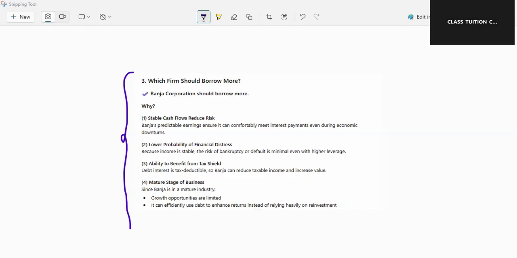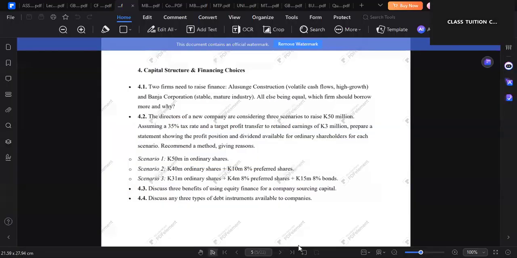It was mentioned. We're told that what? We're told that Alusinga is in high growth stage, meaning it's in rapid expansion. What does that mean? It is still building, expanding in its market. It needs heavy reinvestment. It needs equipment. It needs projects. It needs cash flows. Now, cash flows here are not yet stable. They're not predictable. And their profits are often what?